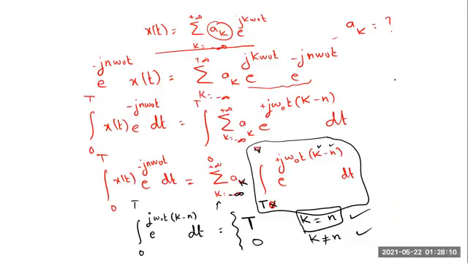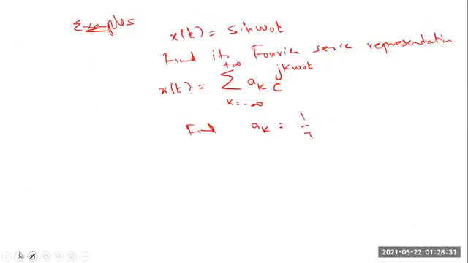Just to be more specific, you can start from T and go up to 2T. If you start from minus T, you must stop at 0. If you start from minus 2T, you must stop at minus T. This is something that I forgot to mention.